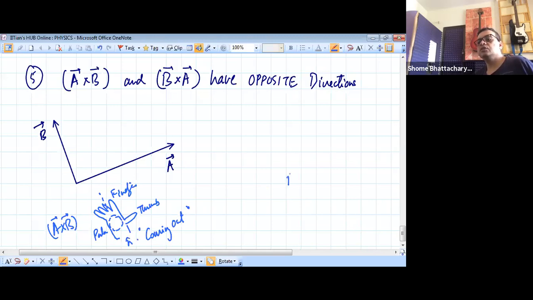Whereas if we are doing the other operation, B cross A, whichever vector is before the cross sign, that is where our thumb points. And whichever vector is after the cross symbol, that is where our fingers have to point. So now we have to orient our thumb like this and our fingers like this.